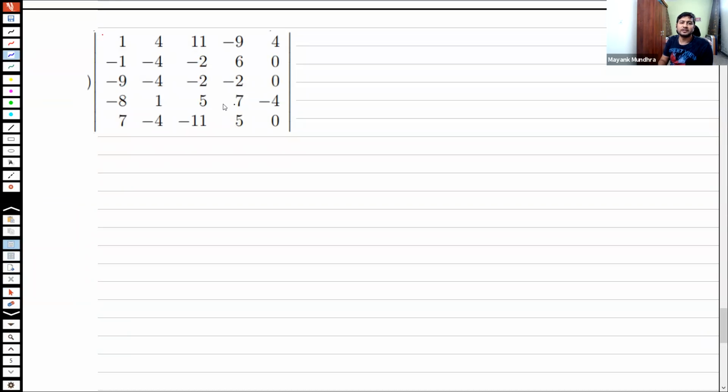So let's say I want to find the determinant of this one. So obviously this column is slightly easier to maneuver. I can take a 4 out of this column. So I can write this as 4 times determinant of. Can I make any other columns easier to maneuver?